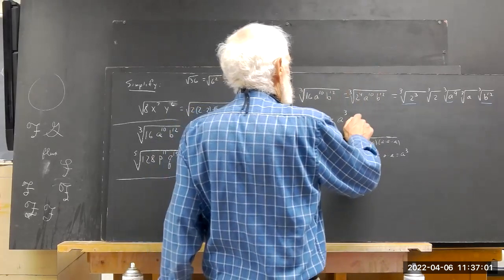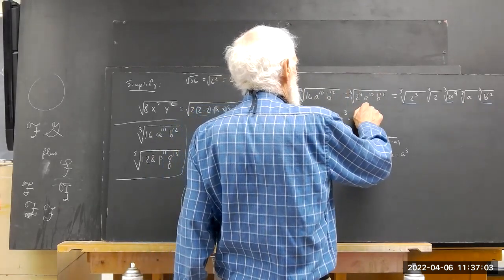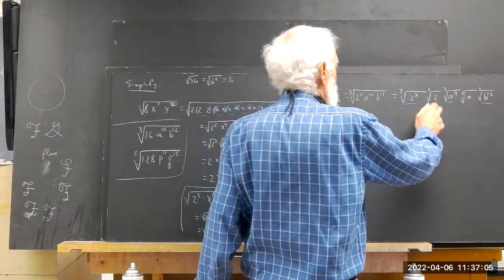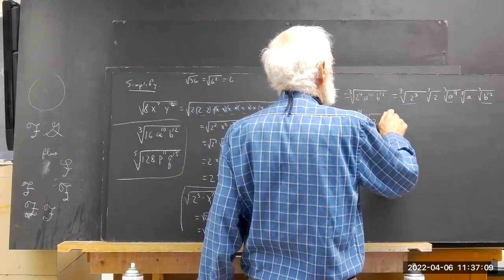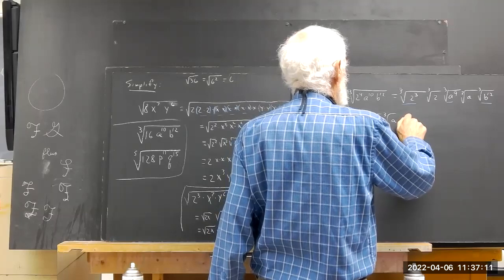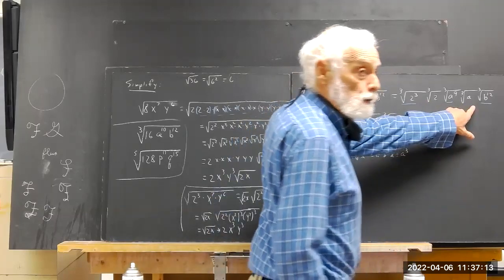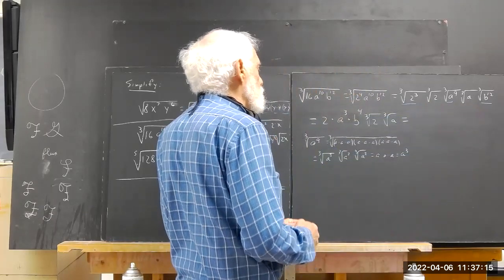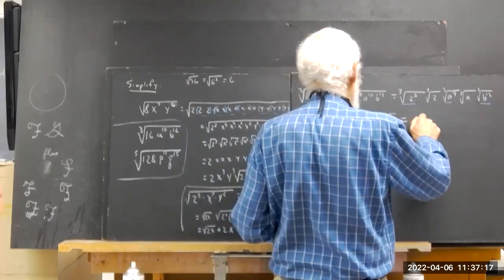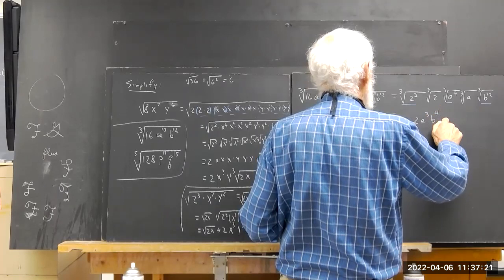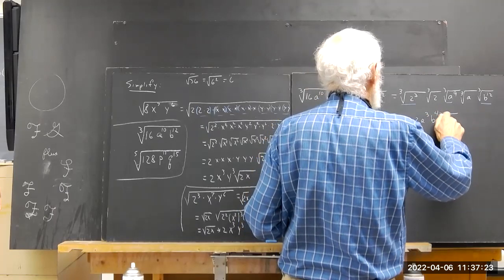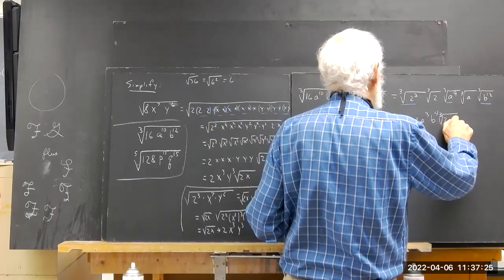Okay. That's 2a cubed b to the 4th. And then we have the cube root of 2 cube root of a. We have these two terms. Well, that's then 2a cubed b to the 4th times the cube root of 2a.